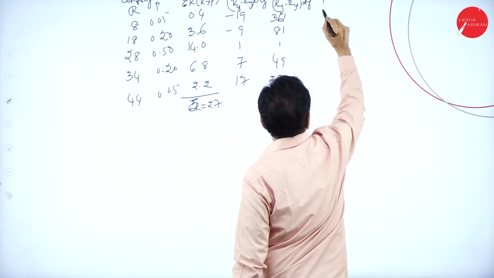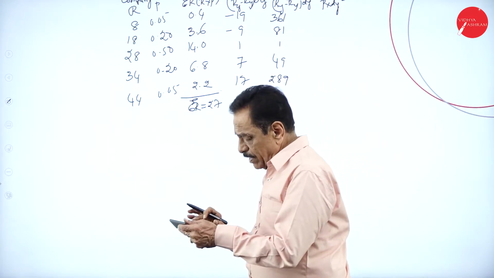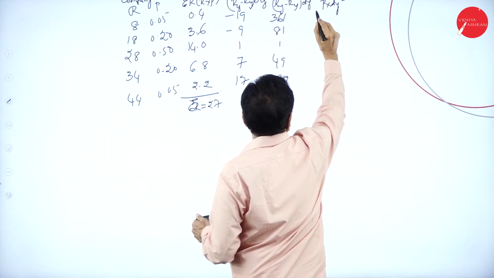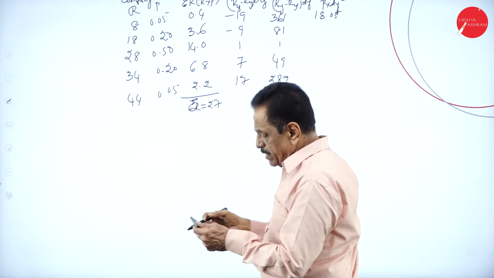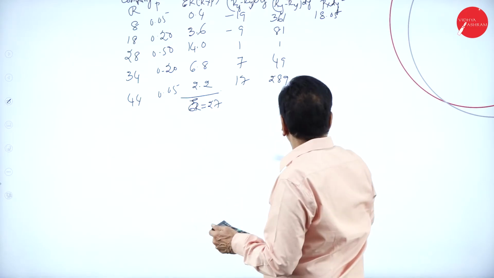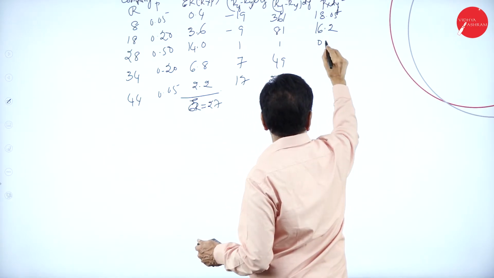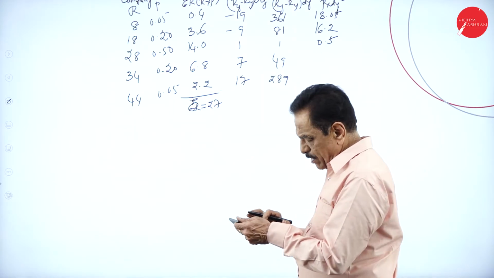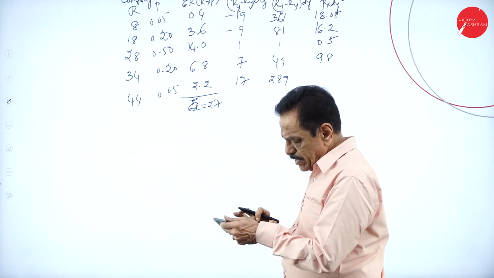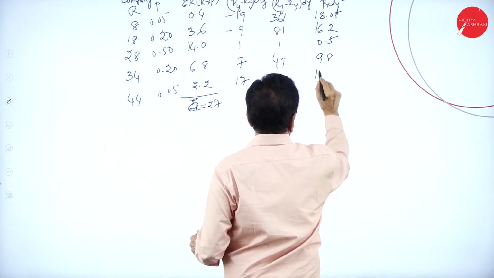Multiplied by p, p into dy square. 361 into 0.05 is 18.05. 81 into 0.20 is 16.2. 1 into 0.50 is 0.5. 49 into 0.20 is 9.8. 289 into 0.05 is 14.45.